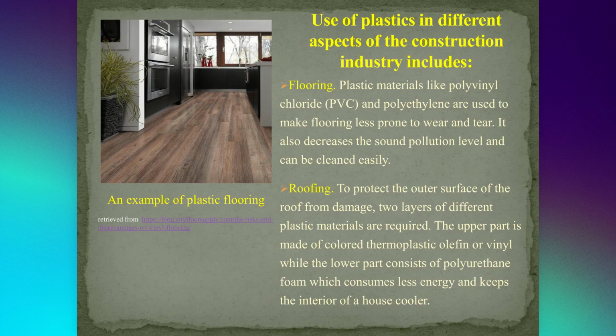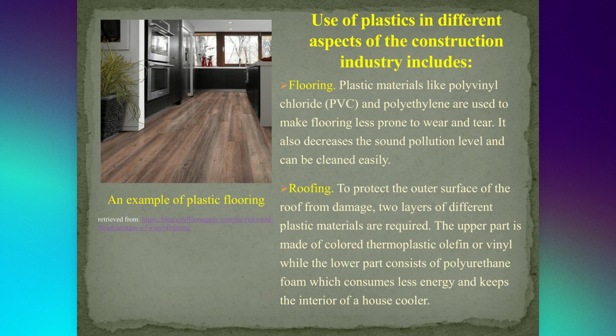Use of plastics in different aspects of the construction industry includes flooring. Plastic materials like polyvinyl chloride (PVC) and polyethylene are used to make flooring less prone to wear and tear. It also decreases the sound pollution level and can be cleaned easily.